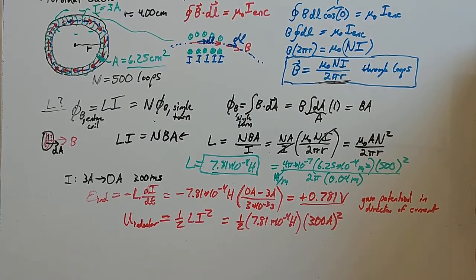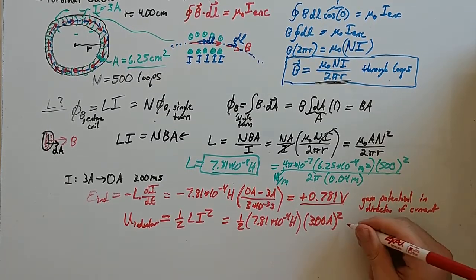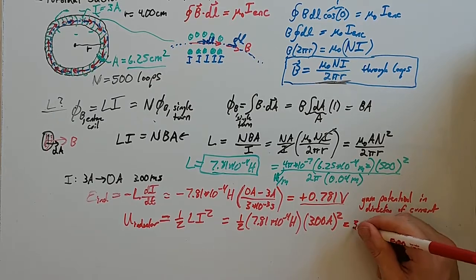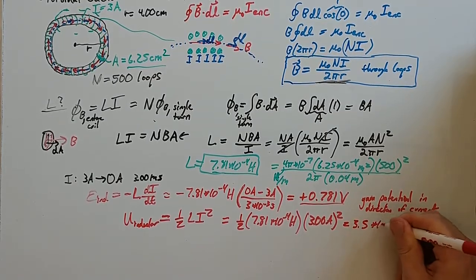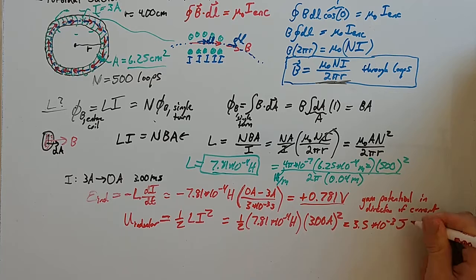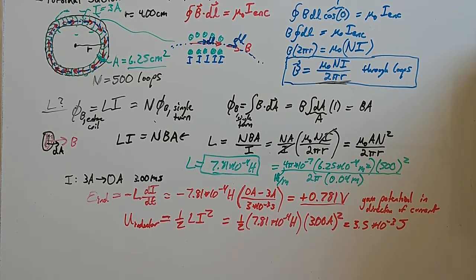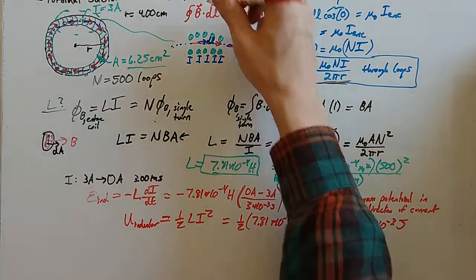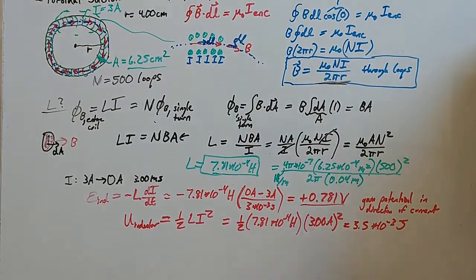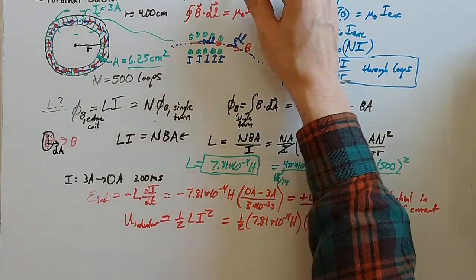We gave that energy to you, and how much energy did we give? That ends up being 3.5 times 10 to the minus 3 joules, I believe, if you calculate that together. So there you have it. We now found the induced EMF, and we found U.